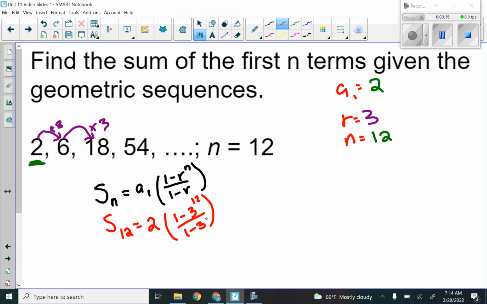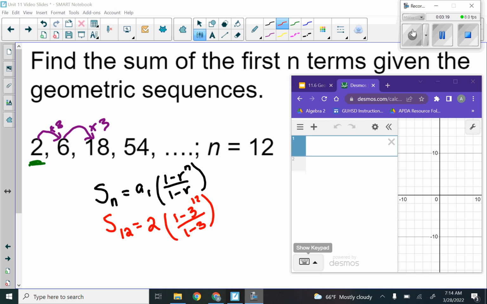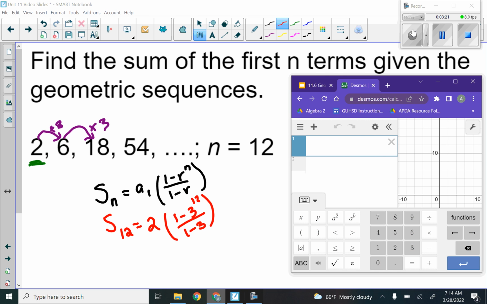Then we would plug that into our calculator. Here I've pulled up my Desmos calculator and am plugging in 2.